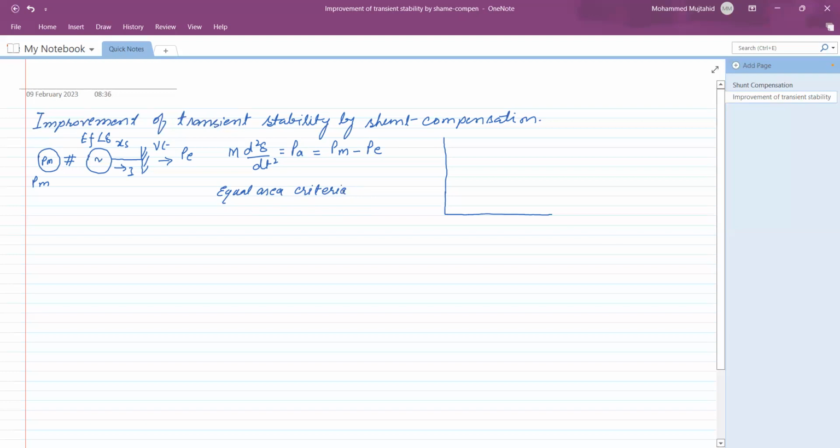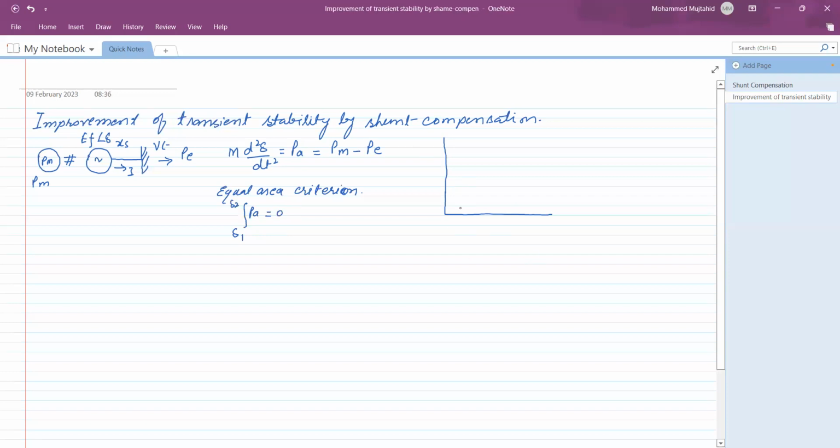It means that the area under acceleration and the area under deceleration should sum to 0. The area under acceleration may be from delta 1 to delta 2, or whatever the value may be. The net area integral of PA should be equal to 0.